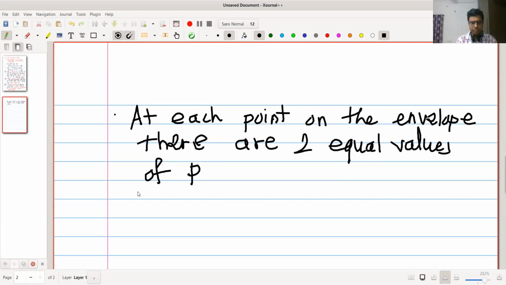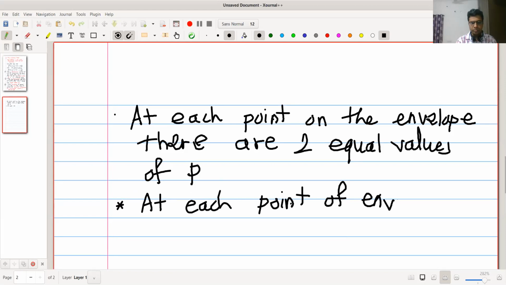Next point is, at each point of the envelope, the consecutive curves match.